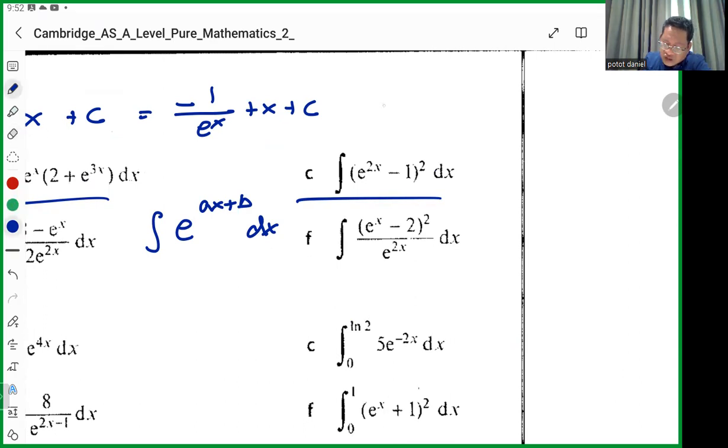So that's going to be (e to the 2x minus 1) squared. The expansion is e to the 4x minus 2e to the 2x plus 1, and then take the integral with respect to x.